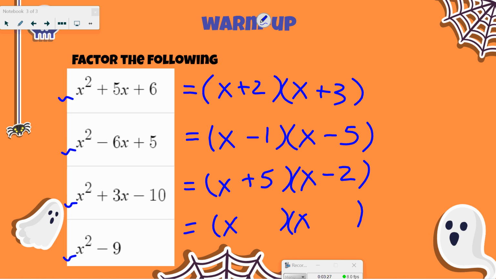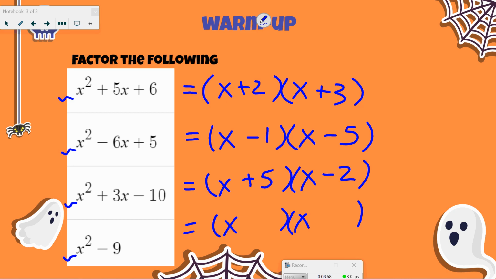And let's hear from you guys in the middle back. If we have x squared minus 9, what are those factors? What are you guys thinking about with our last one, if we have x squared minus 9? Do we see an x term in the middle? No, so that means what's that coefficient from the x term if it's not there? 0.